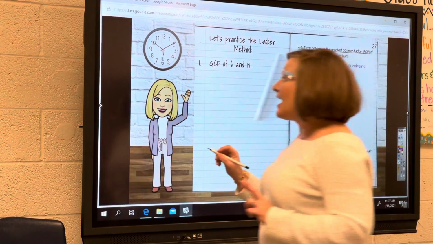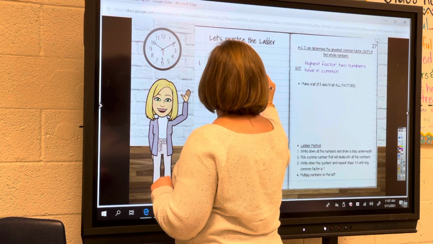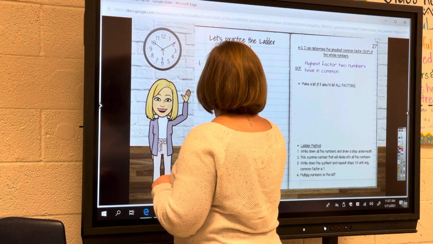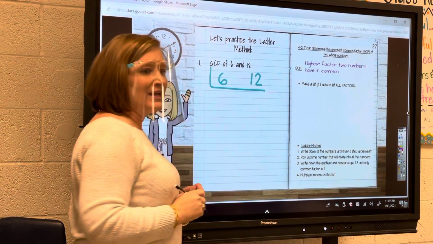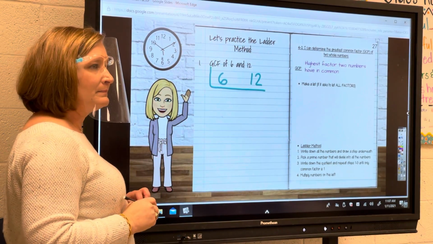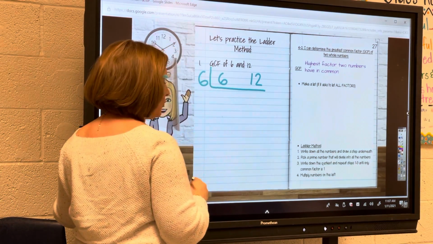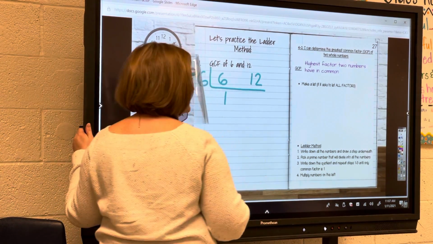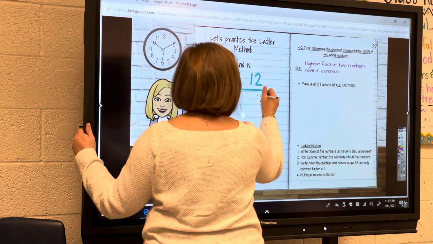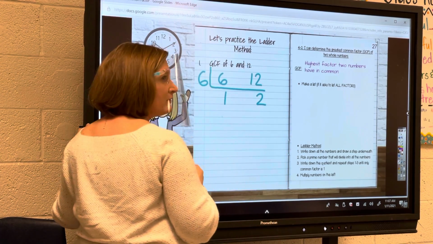So I want you to write 6 and 12. What can I divide 6 and 12 by? 6. 6 divided by 6 is 1. 12 divided by 6 is 2. Can I go any farther?